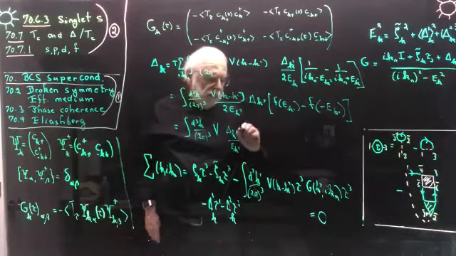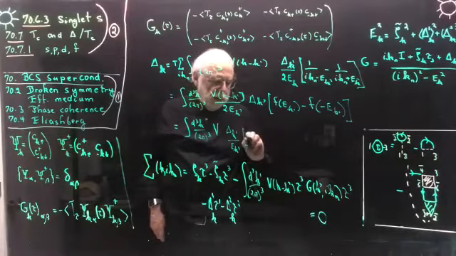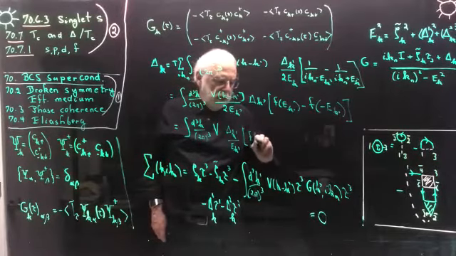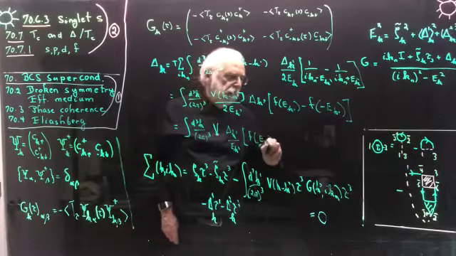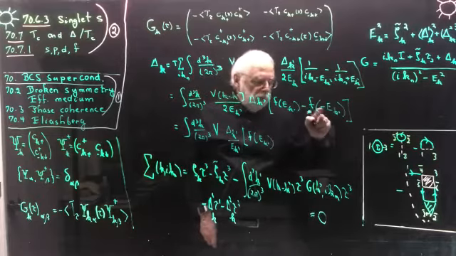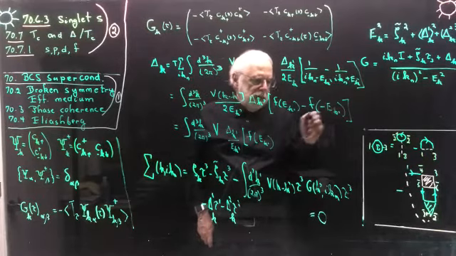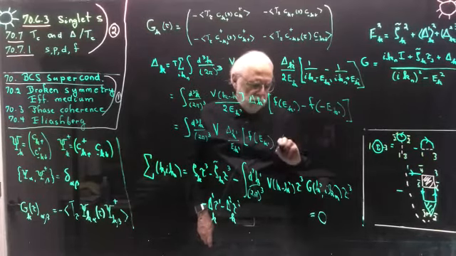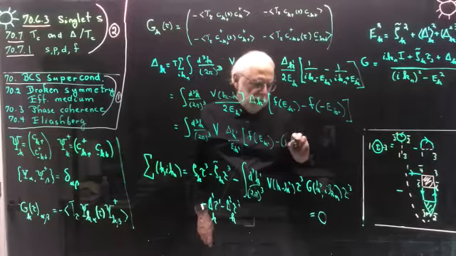And here I have f of E k prime. And f of minus E is 1 minus f of E. So it's minus 1 minus f of k prime.